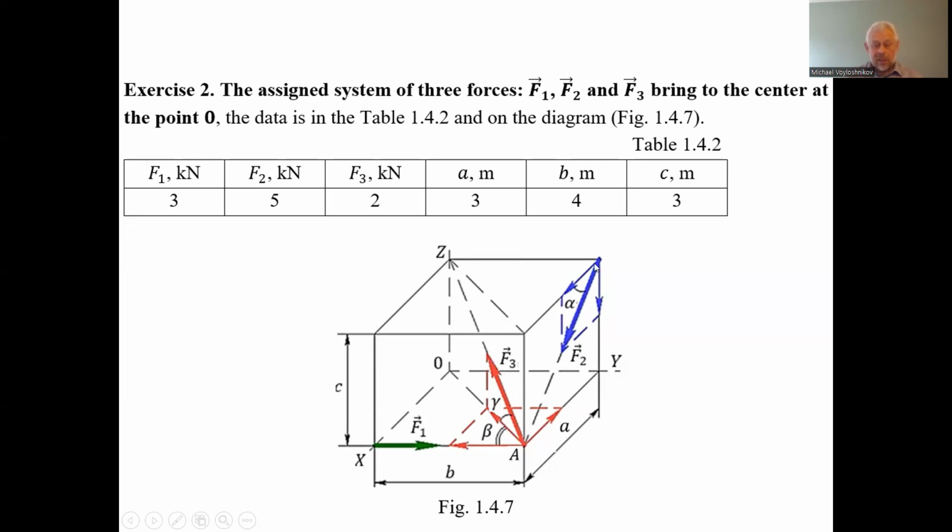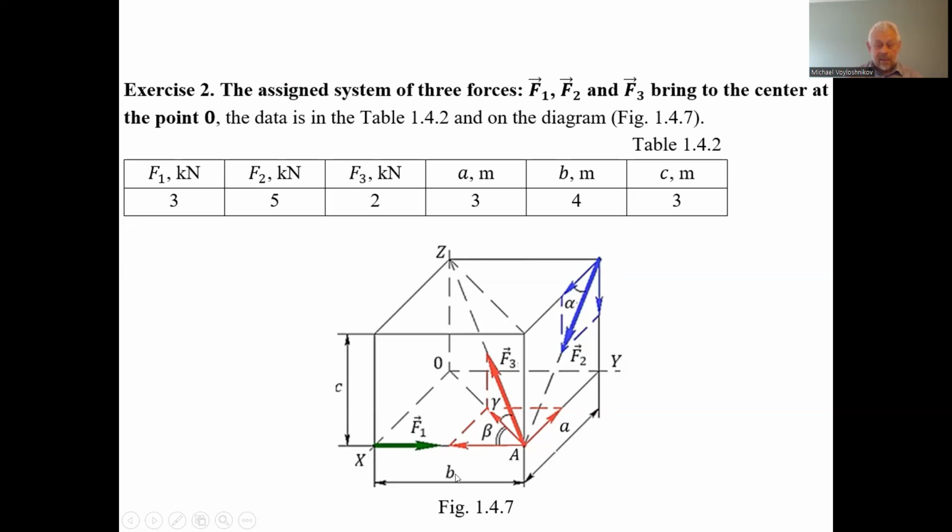And for the force F2, the horizontal component does not impact the magnitude of the main moment projection on x-axis, and we only have the vertical projection. This vertical projection is equal to the magnitude of F2 multiplied by sine alpha.